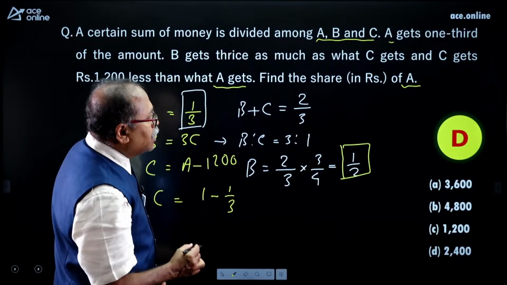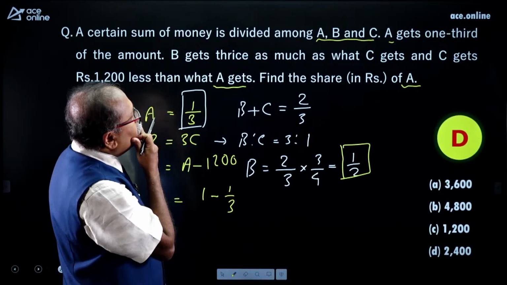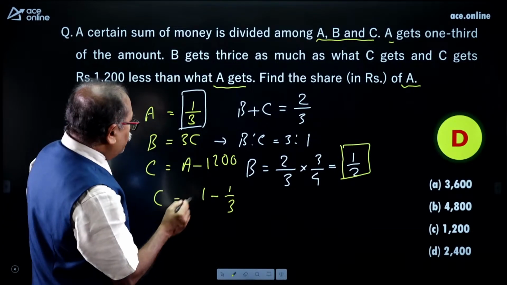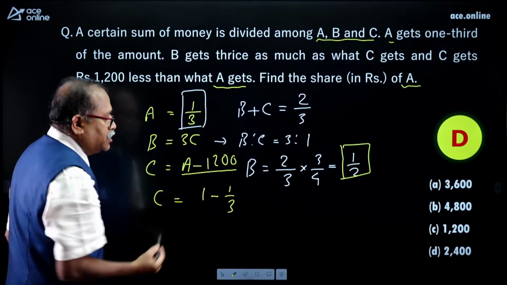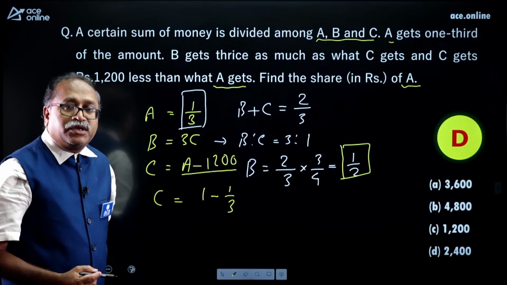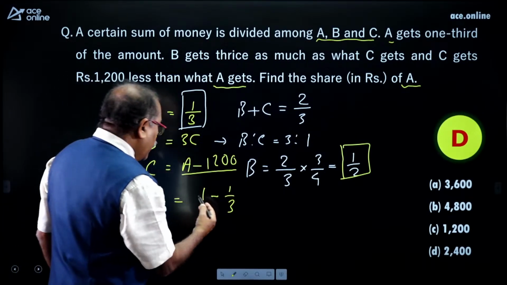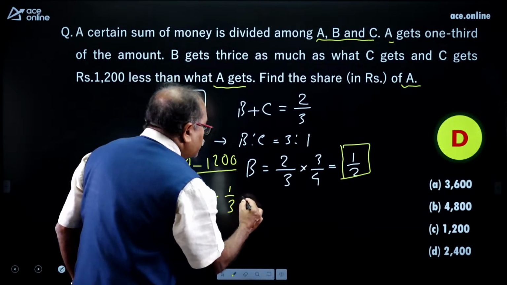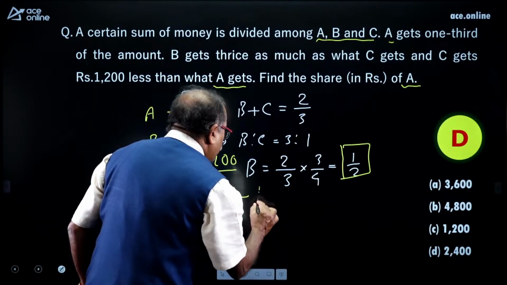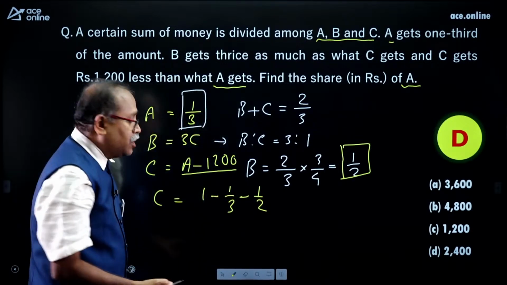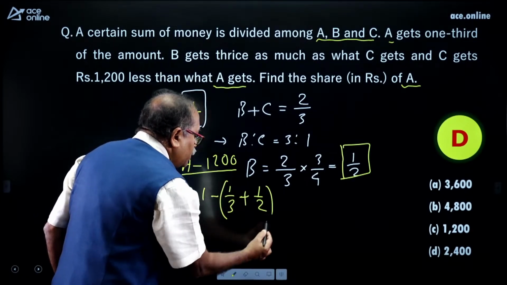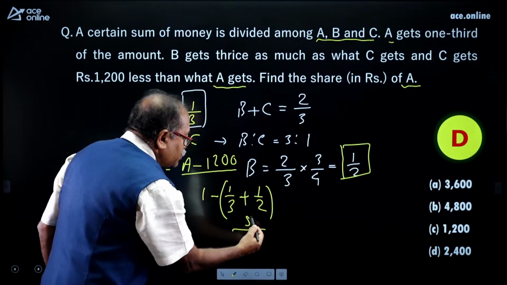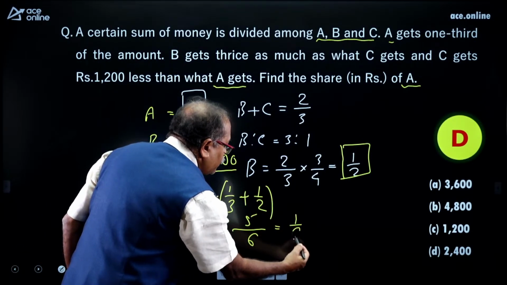What I need is the share of A, and whose amount is given to us? So we need to get the ratio here. Now I am getting 1 minus 1 by 3 minus 1 by 2. You can put the bracket over here. 6 is the LCM, so I'll be left with 1 by 6.